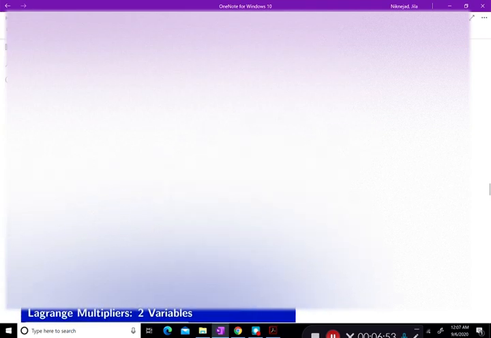Now let's do iClicker 14.8b. Suppose that x and y are positive numbers such that x plus 3y equals 12. What is the maximum value of x times y? Give yourself a minute and we come back.